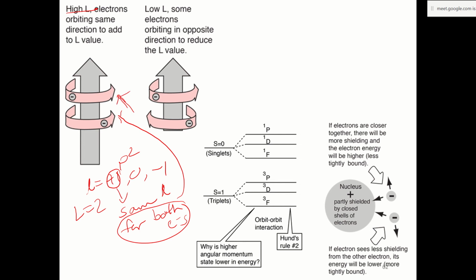This kind of thing helps in understanding, because in this situation both are orbiting the nucleus in the same fashion. If it is minus 1, that means the electron is orbiting the nucleus in the reverse direction.